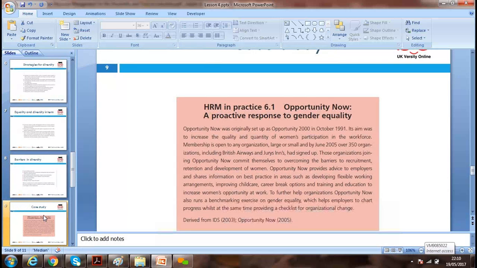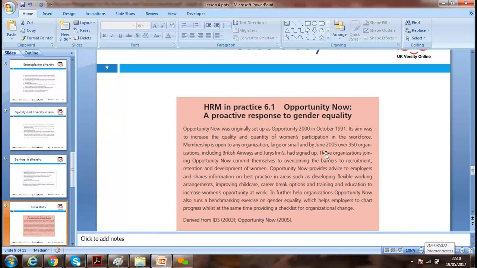We have one case study within a book. Opportunity Now was originally set up as Opportunity 2000 in October 1999. Its aim was to increase equality and diversity and women's participation in the workforce in the UK.